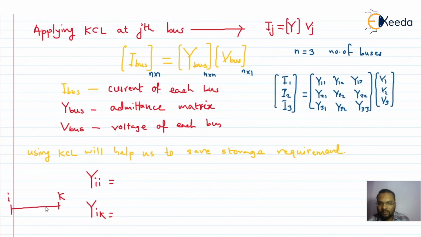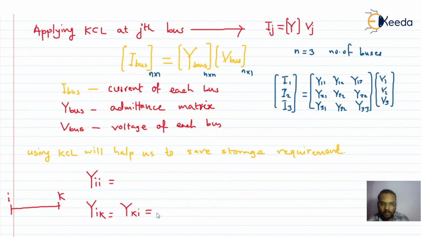When there is a line, it will have some admittance. Whether I consider it as Y_IK or Y_KI, its magnitude is not going to change, because physically I am not changing the transmission line connected between these two buses.